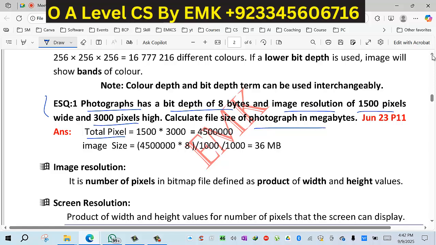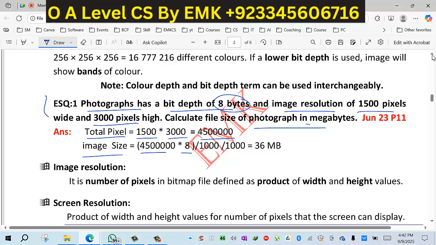For that purpose, you need to multiply these two values. You will get the total pixels. Then you have to multiply, because here bit depth is 8 byte. So you will multiply the total number of pixels by 8. You will get the answer in byte.